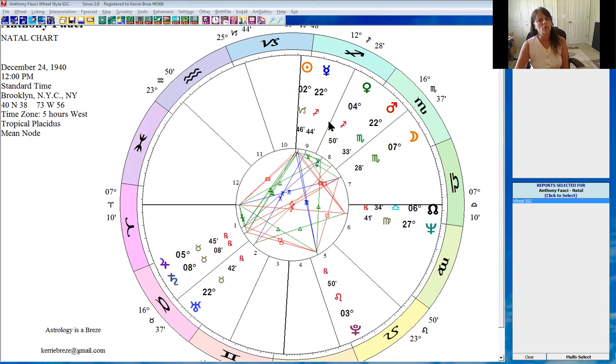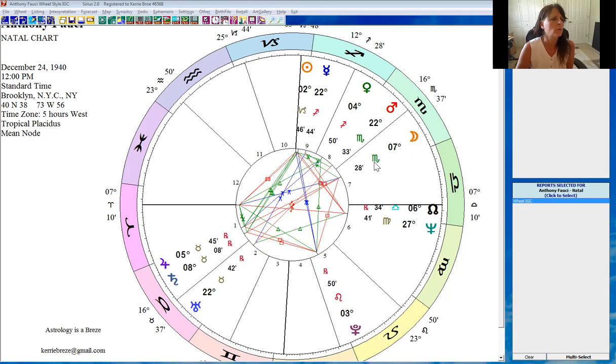What we do notice is the sun and Mercury would be close, but they're in the next sign. One has moved on into the next sign. All right, we've got a Capricorn. The moon may not be in Scorpio.